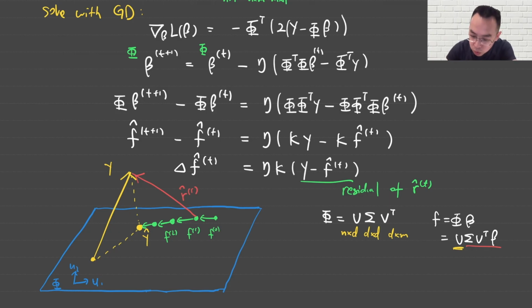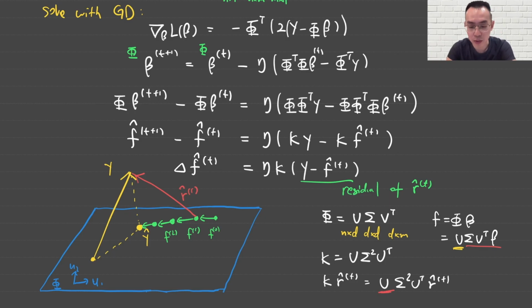Then for our matrix K, K equals phi phi transpose, which gives us U sigma square U transpose. When we multiply K by the residual r t, that also lives in the span of the singular vectors U, because U is the first matrix here. So the update always lives in the subspace defined by the singular vectors U.